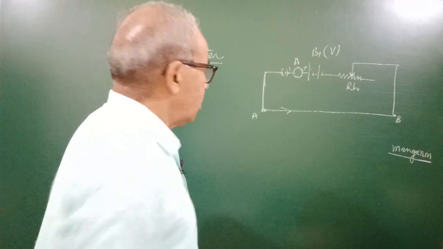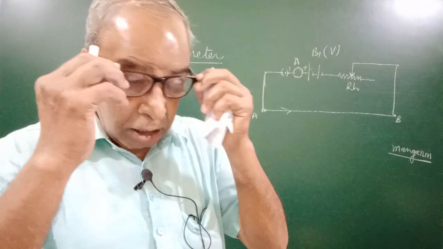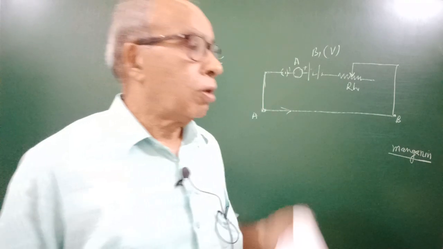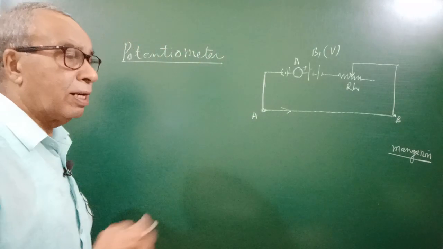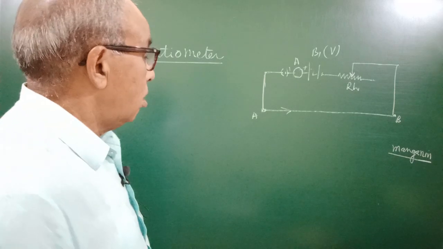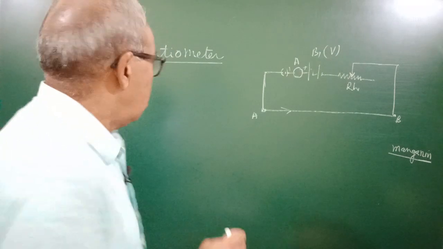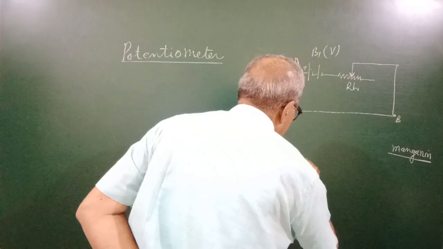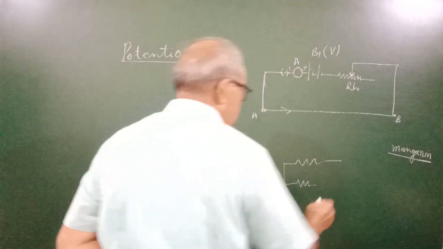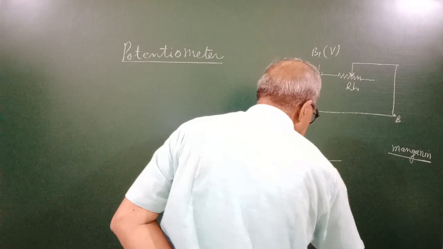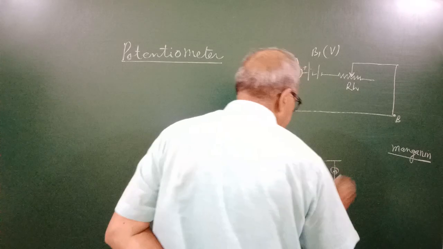Now what is the working principle? The working principle of the potentiometer is based on the fact that when we connect two conductors in parallel, carrying different currents and having different resistances, and we connect an ammeter anywhere, suppose this is one conductor, this is another conductor, they are carrying currents, here is a voltmeter, and we can connect an ammeter also here.